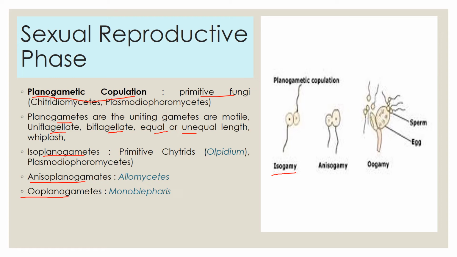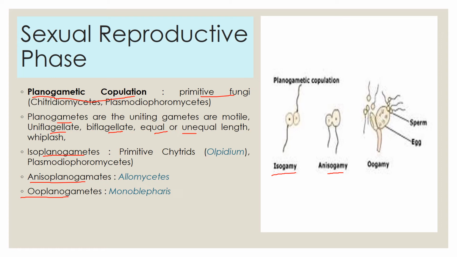And if the fusing gametes are of unequal size, or there is some physiological anisogamy, then it is called anisogamy, and such gametes are called anisoplanogametes.